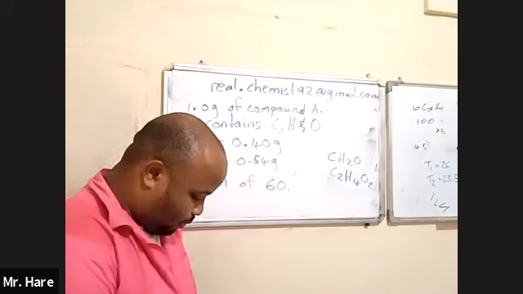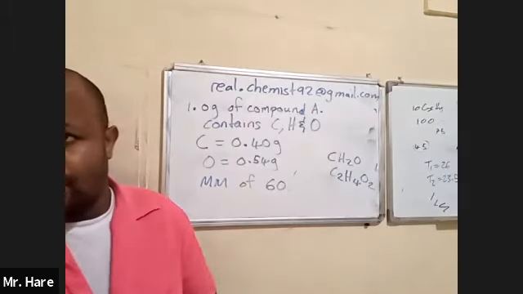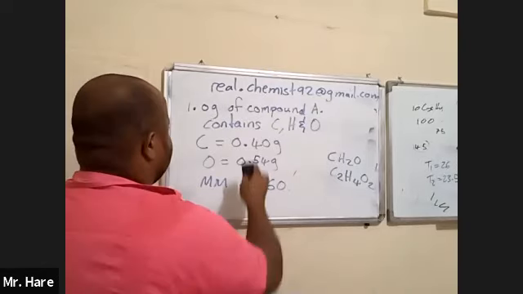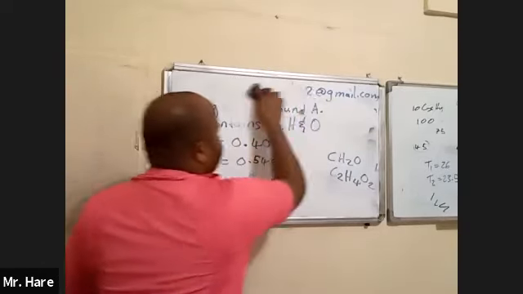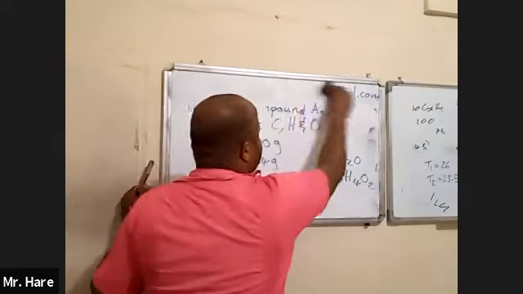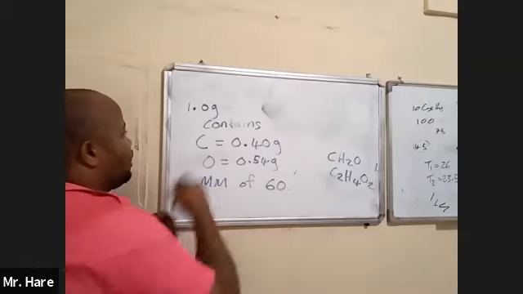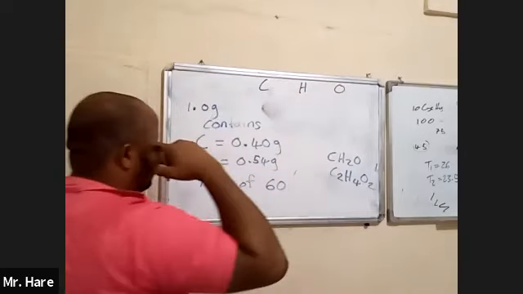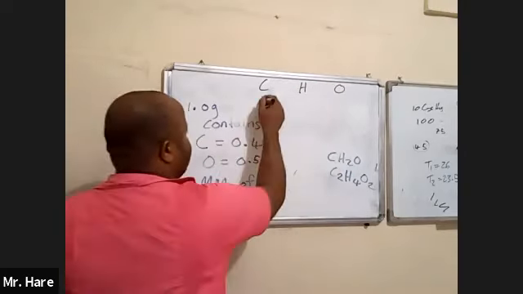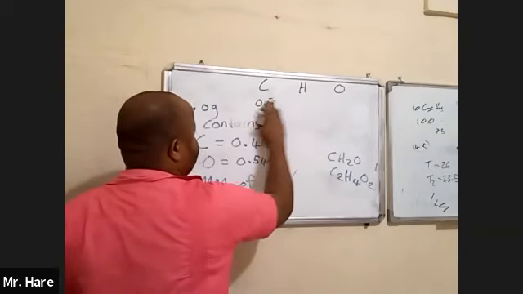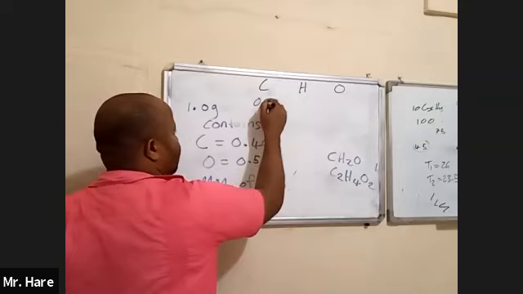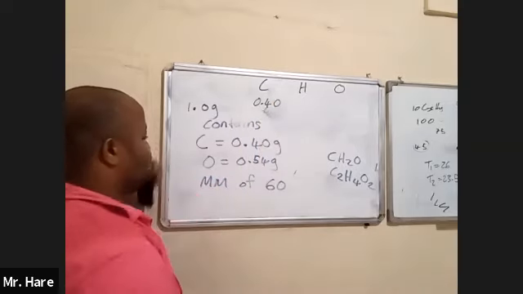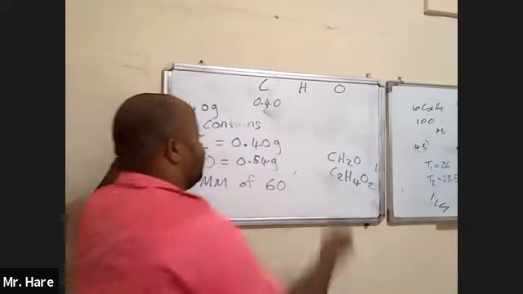Sorry, you're going to work those out? Hang on, I'm going to work it now. All right, it says it contains carbon, hydrogen, and oxygen. We know the mass of carbon is 0.40 and oxygen is 0.54.